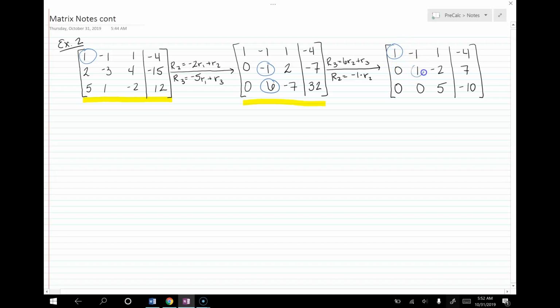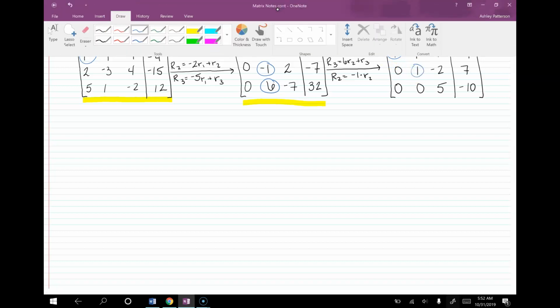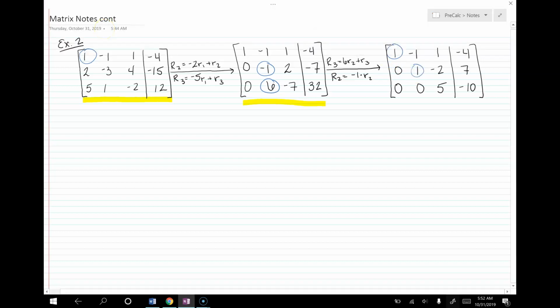We have a 1 and a 1. So the last thing that we're left to do is to, wait for it. Anybody know? We're going to multiply row 3 by 1/5. Because if you multiply it by its reciprocal, it becomes a 1. So 1/5 times the old row 3.